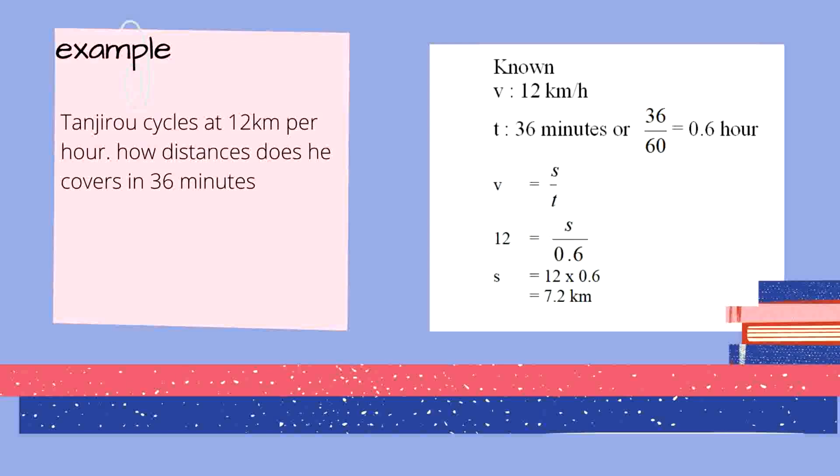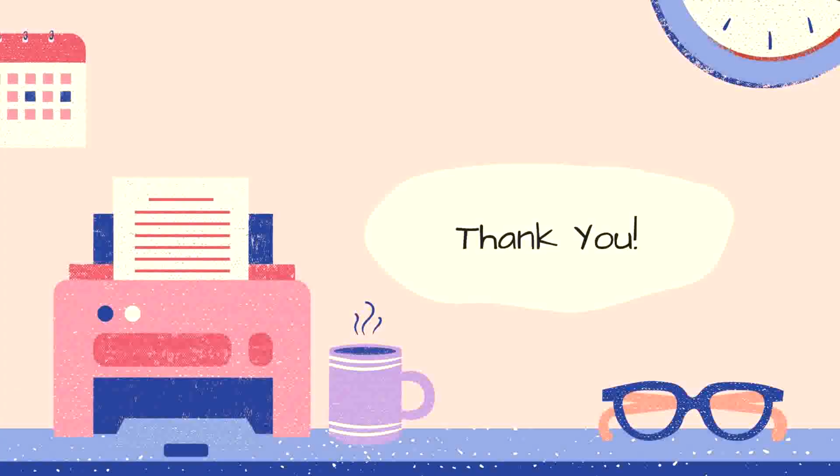To make easier, you can change minute to hour. After that, you can write down the formulas first and write down the known to formula, and then you can find the answer. That's all for today.